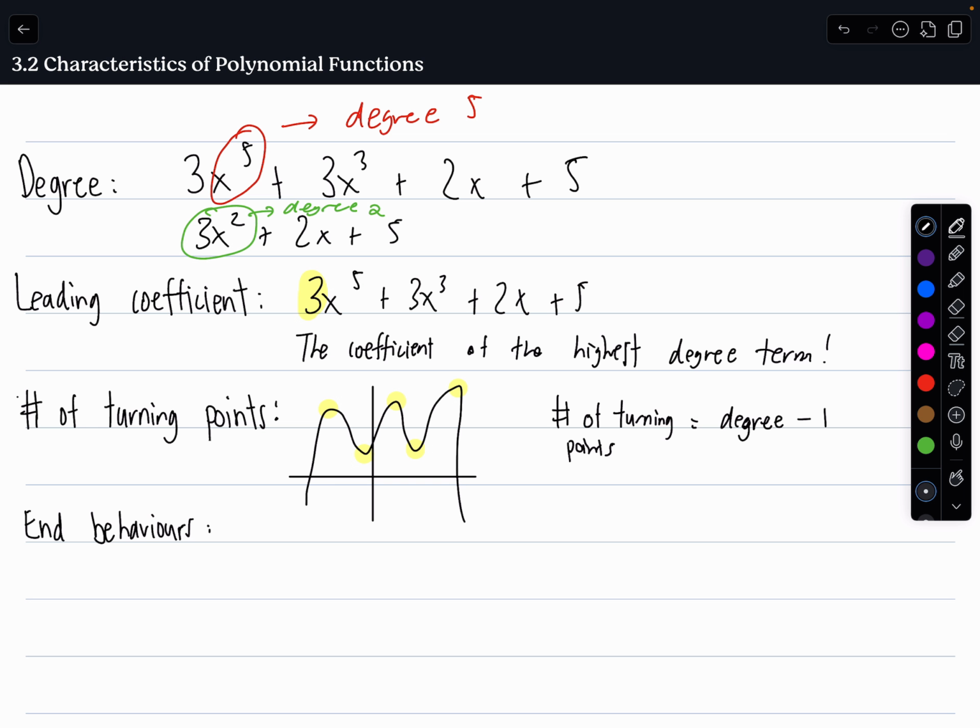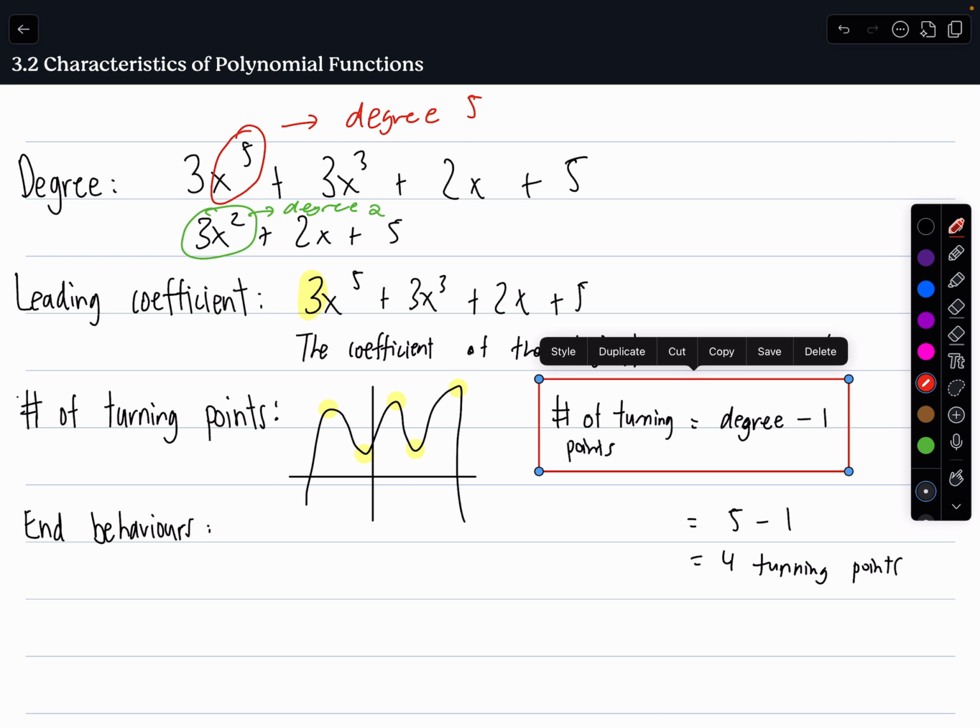For example, if it's a fifth degree function, it will be fifth degree minus 1, which would mean 4 turning points. So the number of turning points is the degree minus 1. This is how we can algebraically determine the number of turning points, and graphically, we can just look at the graph and find out how many times it turns.